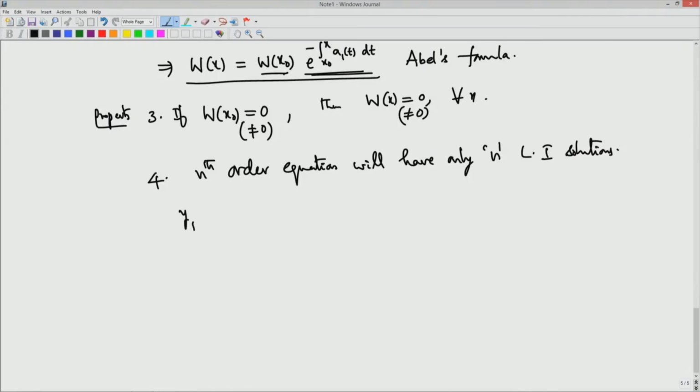Here again, we have to make use of the existence and uniqueness theorem for the nth order differential equation.